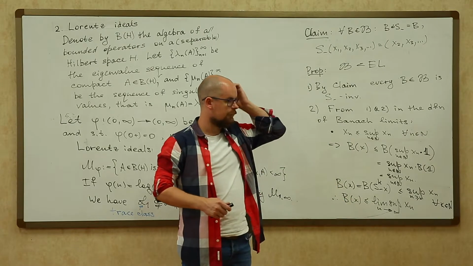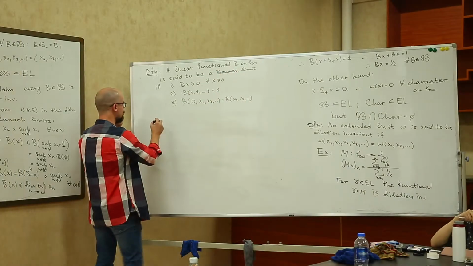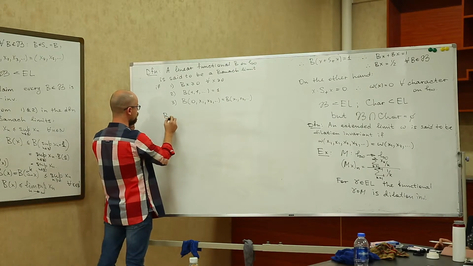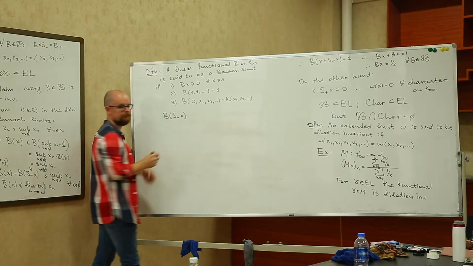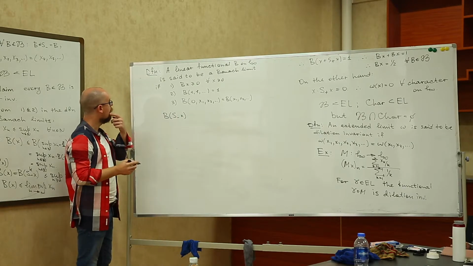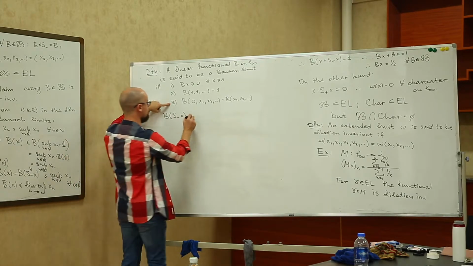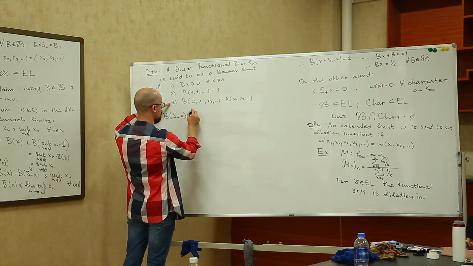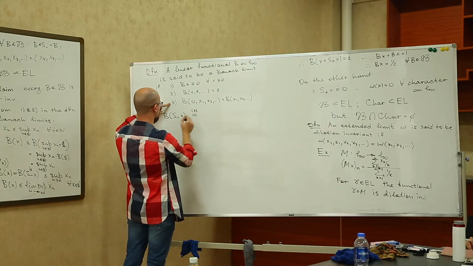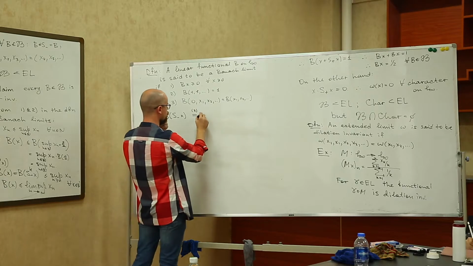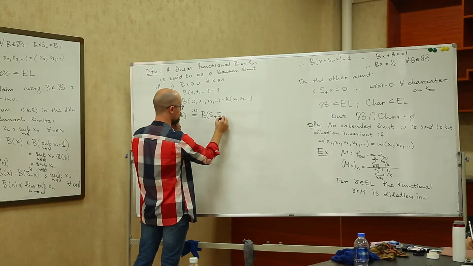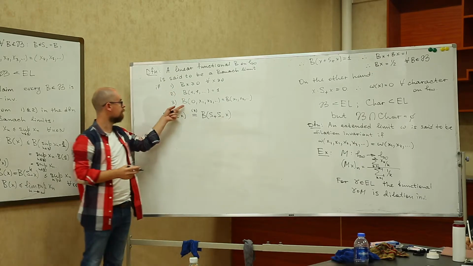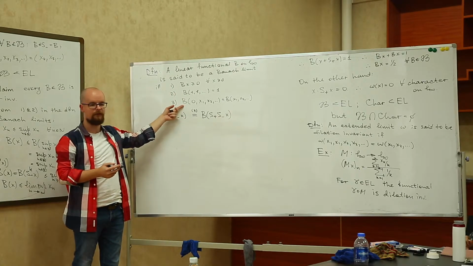Now let's go the other way. Let's consider b of S minus of x. By property 3, we can write it as b of S plus S minus of x, because by property 3 it's S plus invariant.